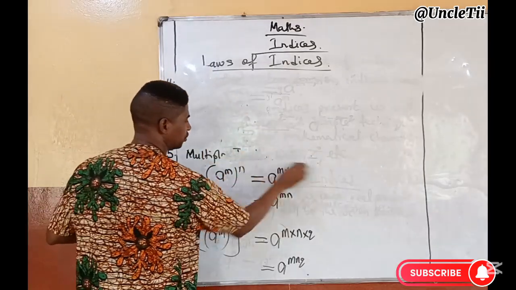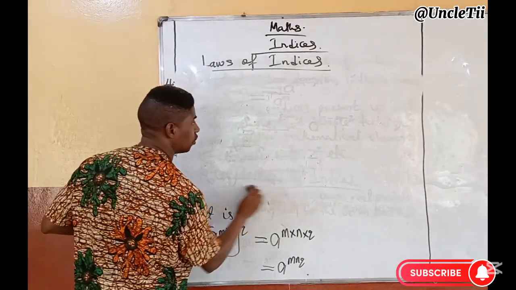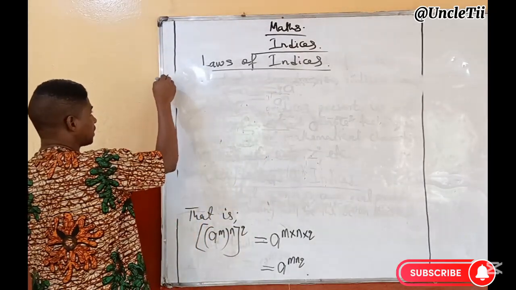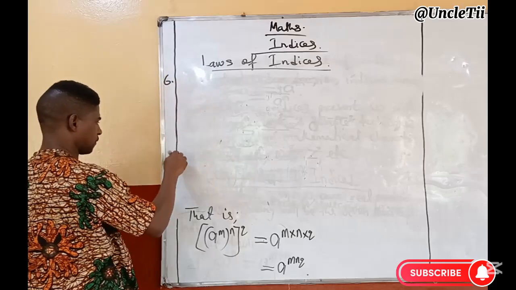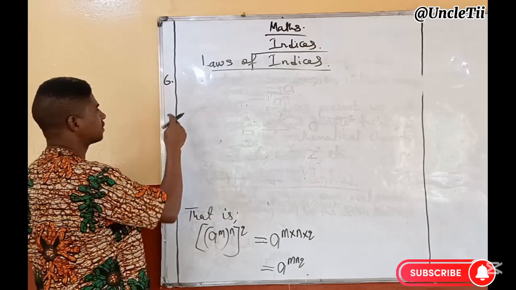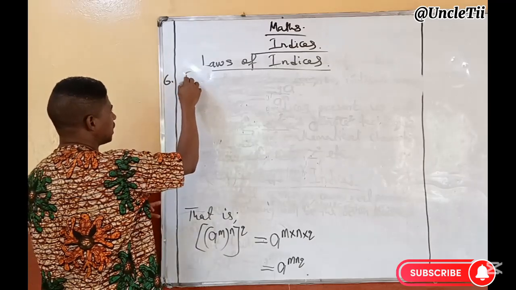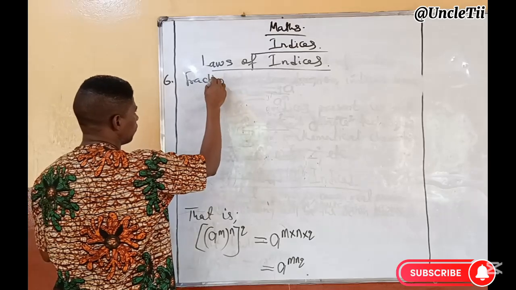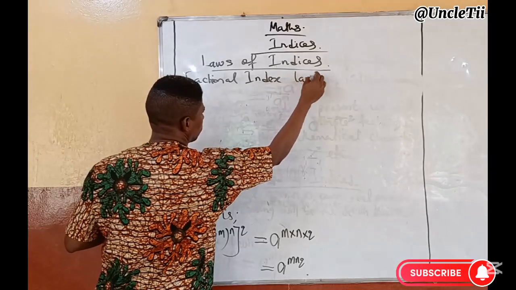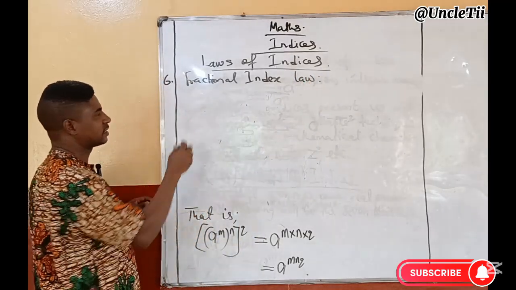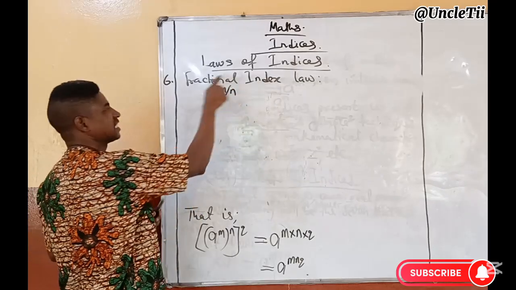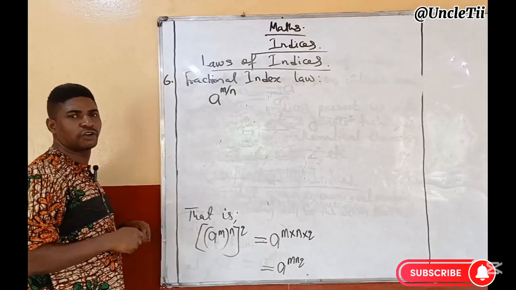We are getting very close to the 7th law. Law number 6. This law number 6 is the fractional index law. Look at what the law is saying. The law says if you have a raised to power m over n, the index is fractional. How do you work with it?